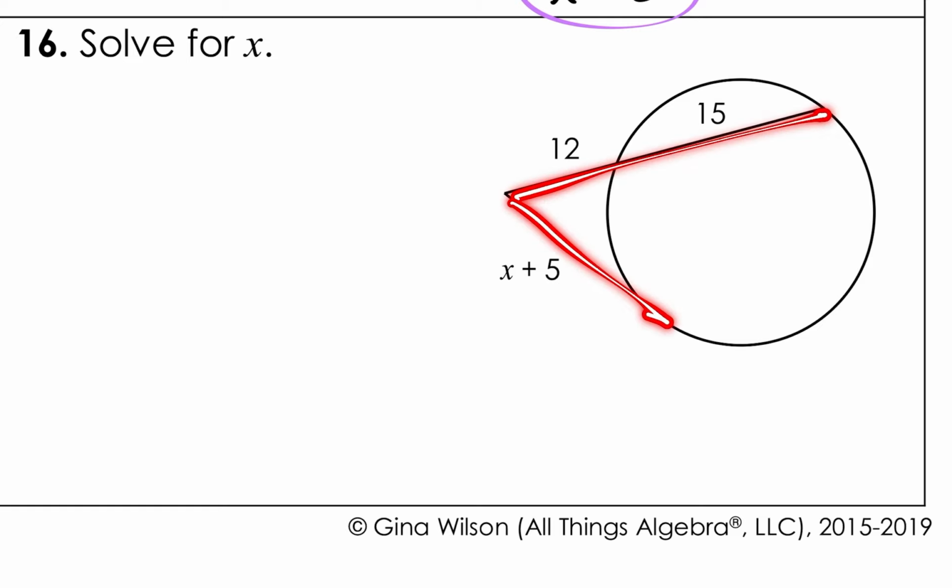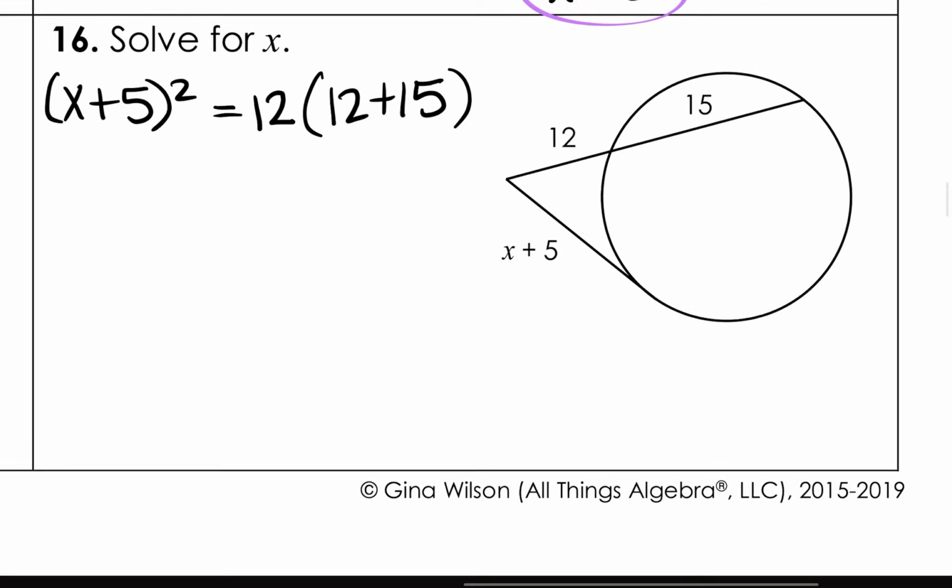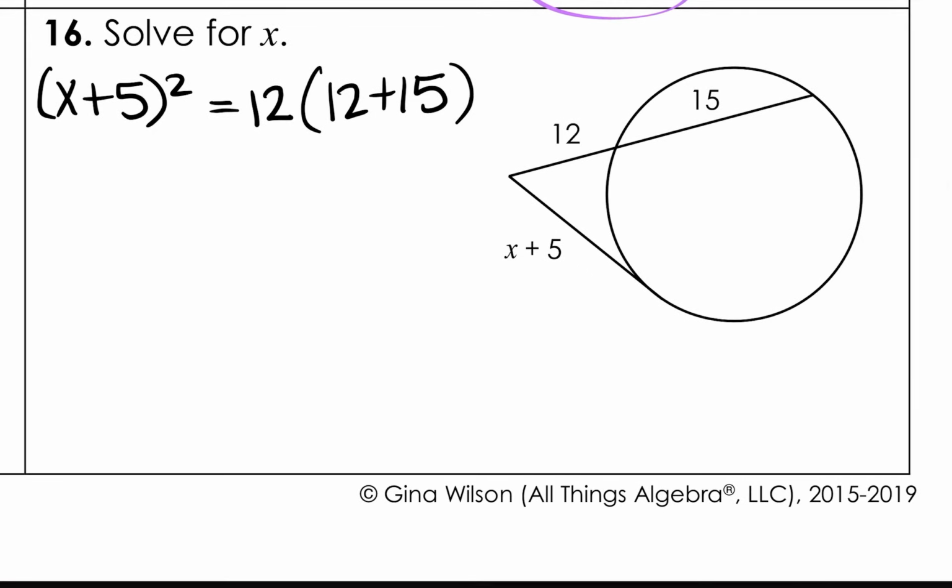Okay, number 16. We have a tangent line and a secant line. Square the tangent line and set it equal to the outside segment on the secant line times the entire line. So we have x plus 5 squared.